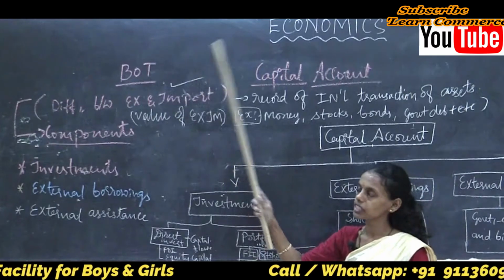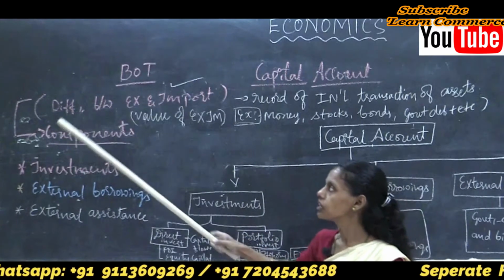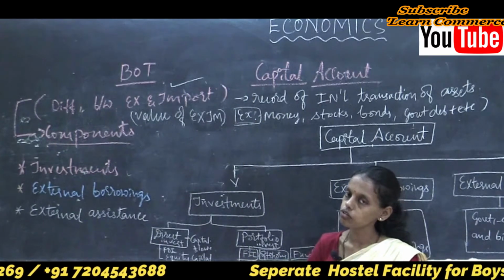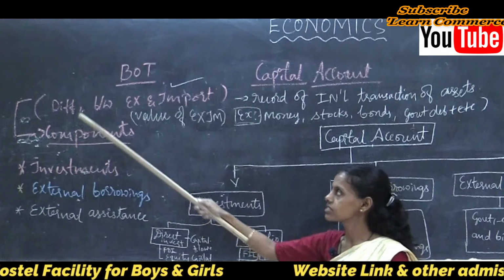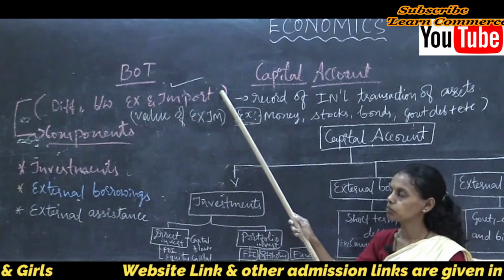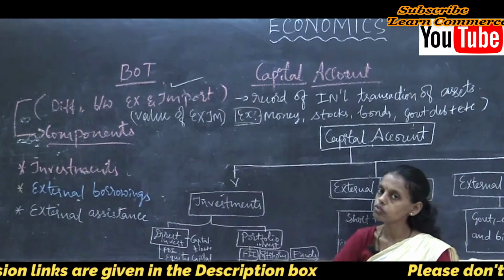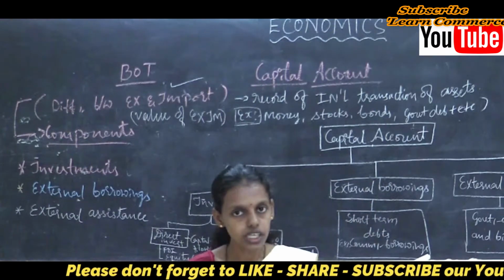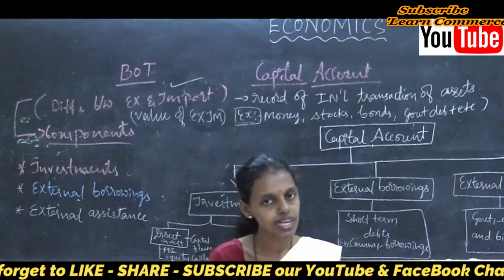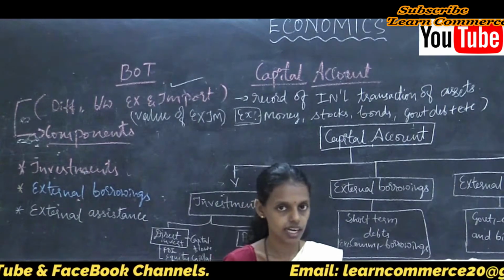The balance of trade of a country is a systematic record of the value of export and the value of import in an accounting year, or the difference between export and import. The difference between the net value of export and the net value of import is said to be the balance of trade of a country. A balance of trade may be visible or invisible.